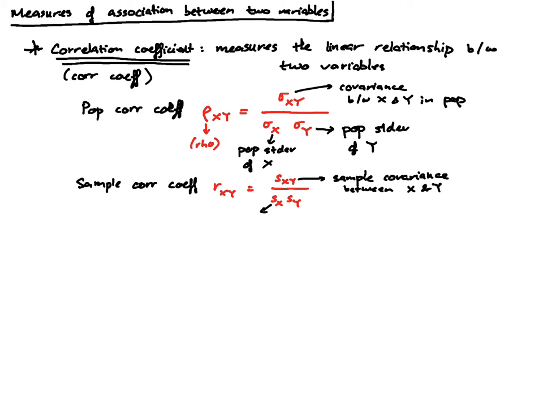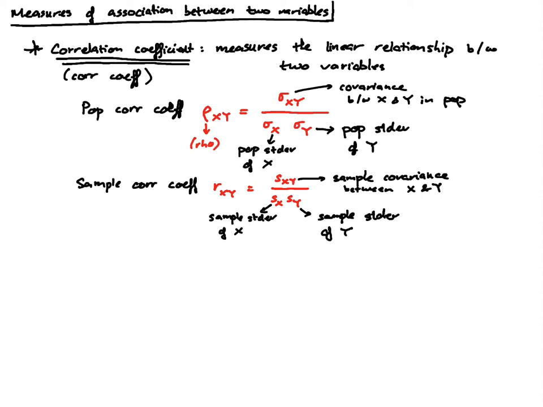Sx is the sample standard deviation of x, and Sy is the sample standard deviation of y. So if you want to calculate the correlation coefficient, you just need to take the covariance and divide it by the product of the sample standard deviations.